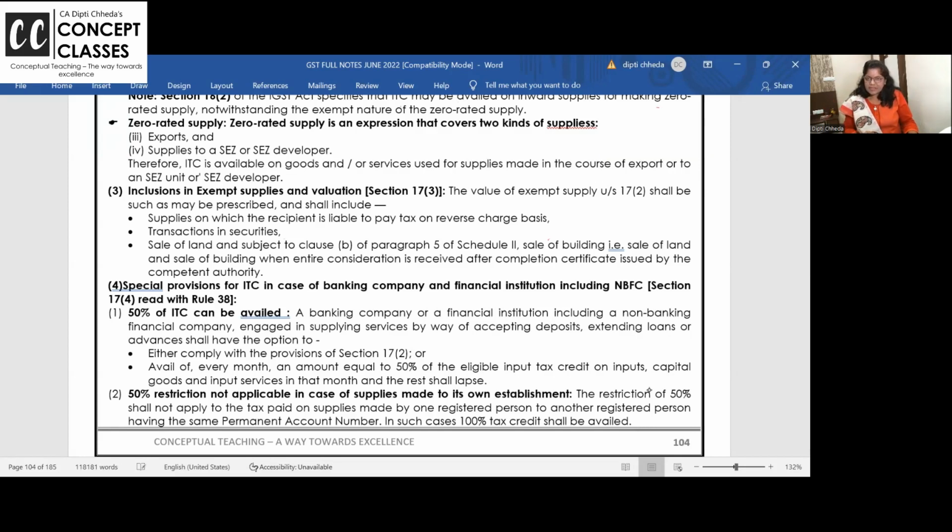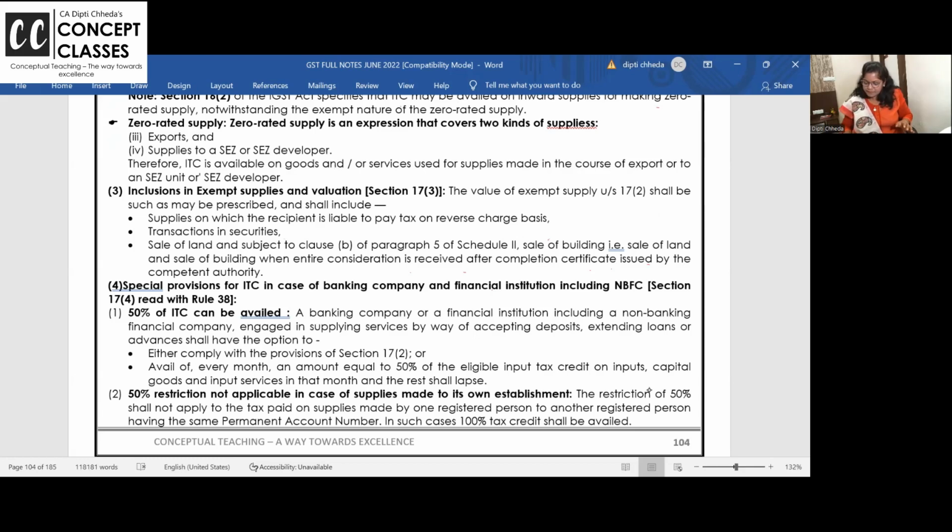Transactions in securities, no ITC. Sale of land and building: if the entire consideration is received after completion, after the competent authority has issued the certificate and you sell later, it is as if you are selling immovable property, so there is no GST. But if construction is still going on and the occupancy certificate is not yet received and you transfer, it's like you are giving services. You give someone a half-built house, with the slab laid, and he will complete the house.